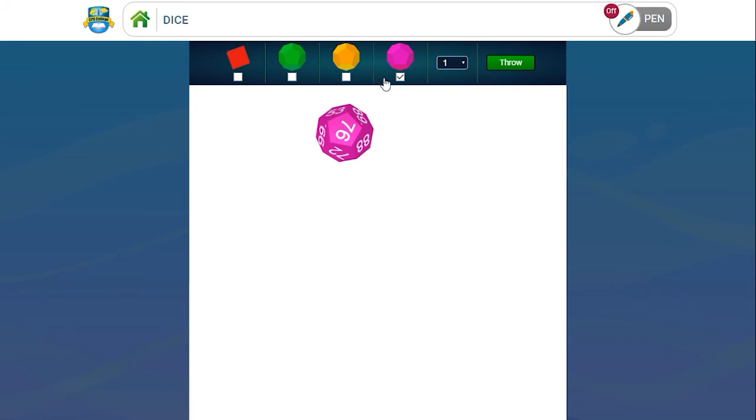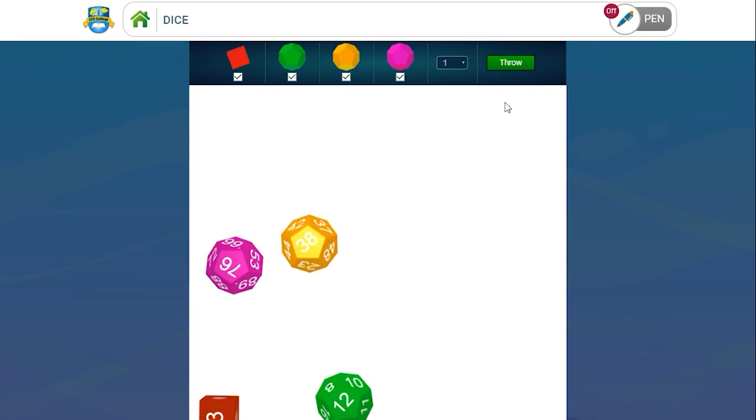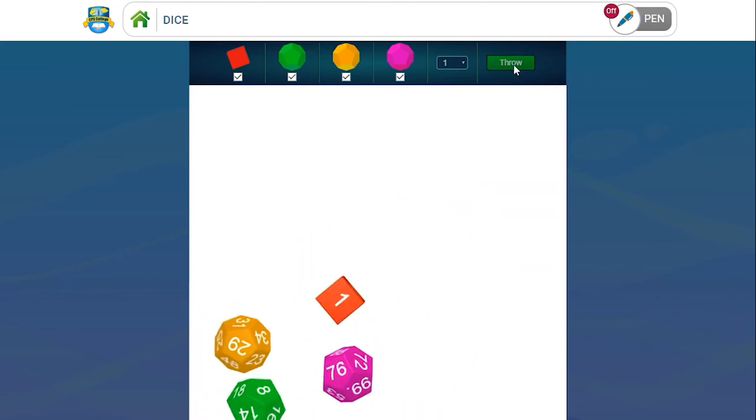You can increase the level of challenge, say by throwing out 1 of each dice and saying something like to the children, add the 2 largest dice, add the 2 smaller dice, and subtract the total of the 2 smaller from the total of the 2 larger. And again, you can do lots of those with the children to sharpen up their addition and subtraction skills.